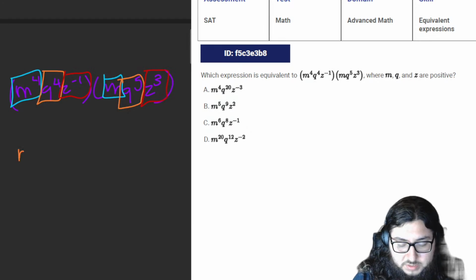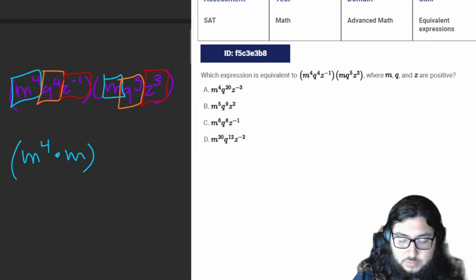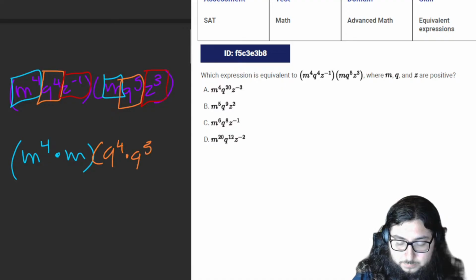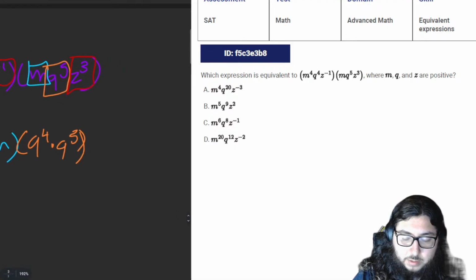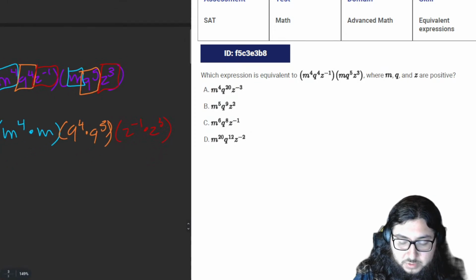So we can rewrite it as m to the fourth times m. All of this will be multiplied times q to the fourth times q to the fifth, and all of that will be multiplied times z to the negative first times z to the third. So this is what we'll have.